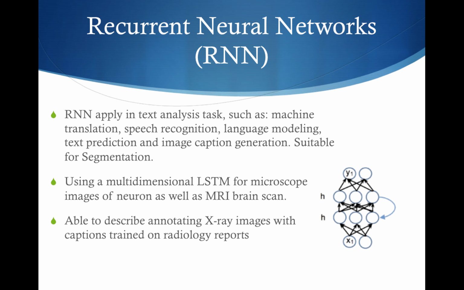The LSTM is used for microscope images of neurons as well as MRI brain scans, and is also able to describe and annotate X-ray images with captions trained on radiology reports.